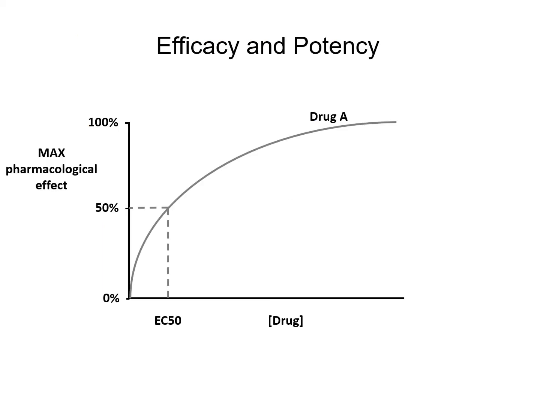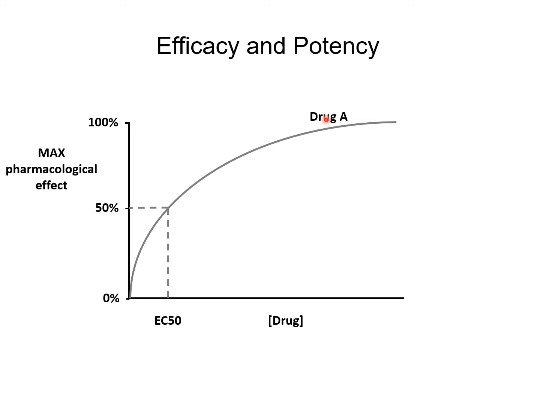So now let's talk about efficacy and potency. Let's look at the example where our signaling molecule is some kind of drug, like drug A. As the concentration of that drug increases, its pharmacological effect increases until it reaches the point at which all receptors are occupied.